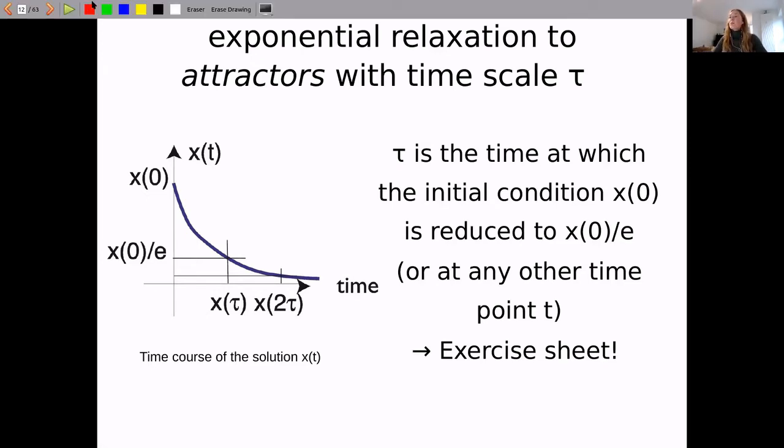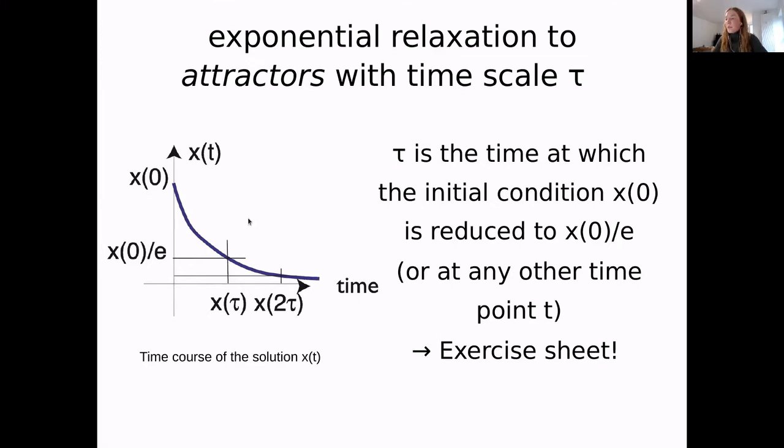So we have here the time point tau, and then we have x0 over e, and at the time point 2 tau it just decays by a factor of e again.